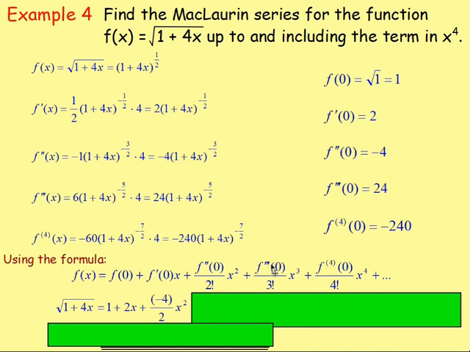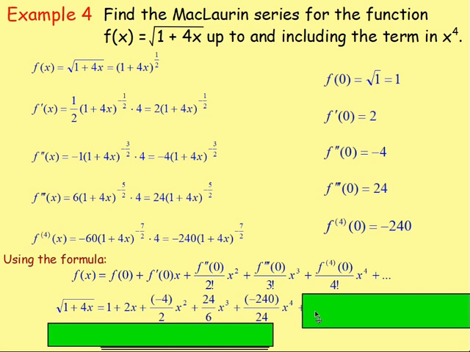After that, this is 24, so it's 24 over 3 factorial, 3 times 2 times 1, which is 6, times x cubed. And then this is negative 240, so it's plus negative 240 over 24, which is the 4 factorial, times x to the power of 4.